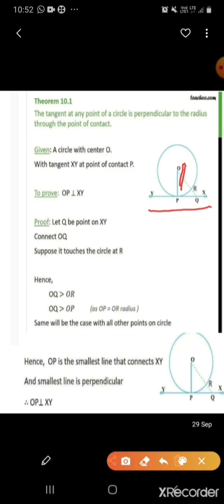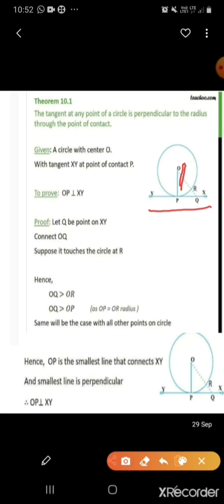For proving this, you have studied in your 6th standard that the shortest distance from a point to a line is the perpendicular. So we need to prove here that OP is perpendicular.